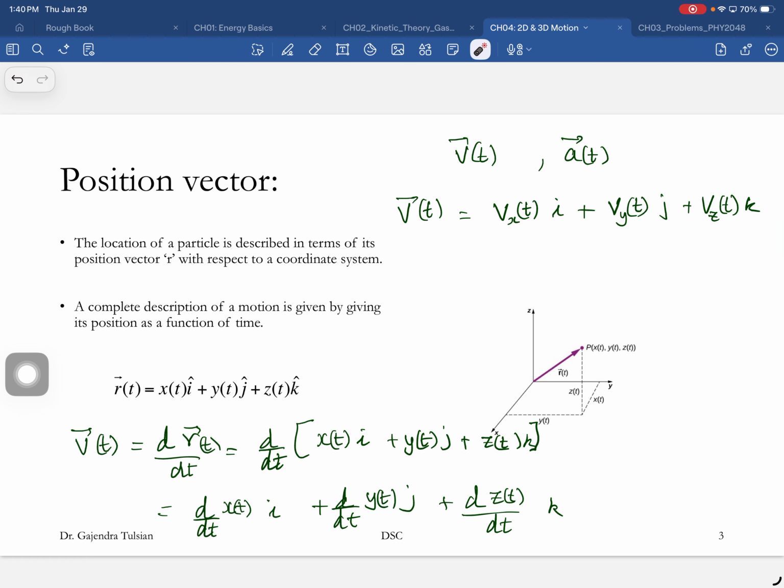And when is it that you're accelerating? When do you accelerate? When your velocity changes.